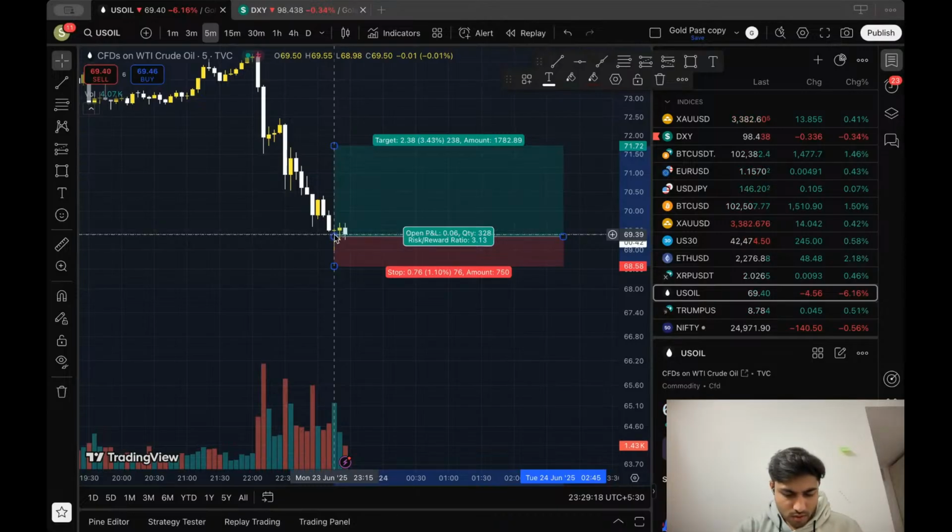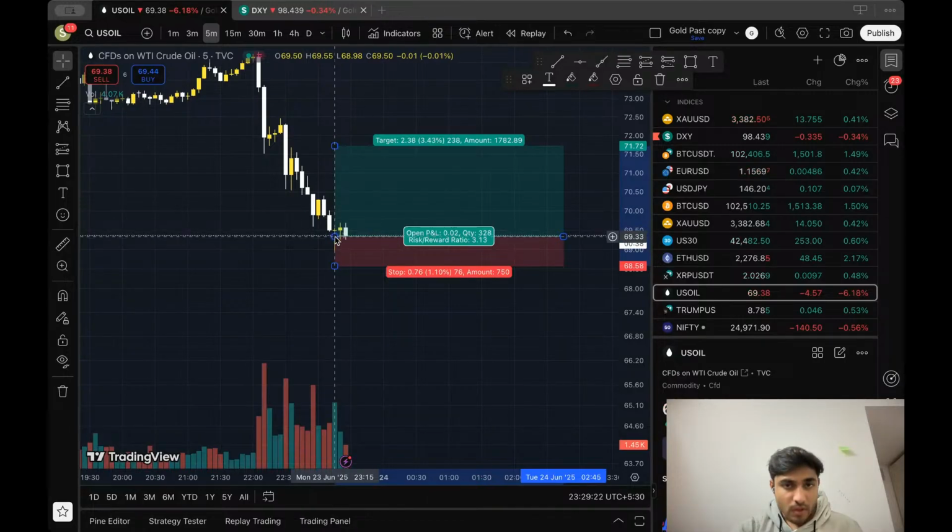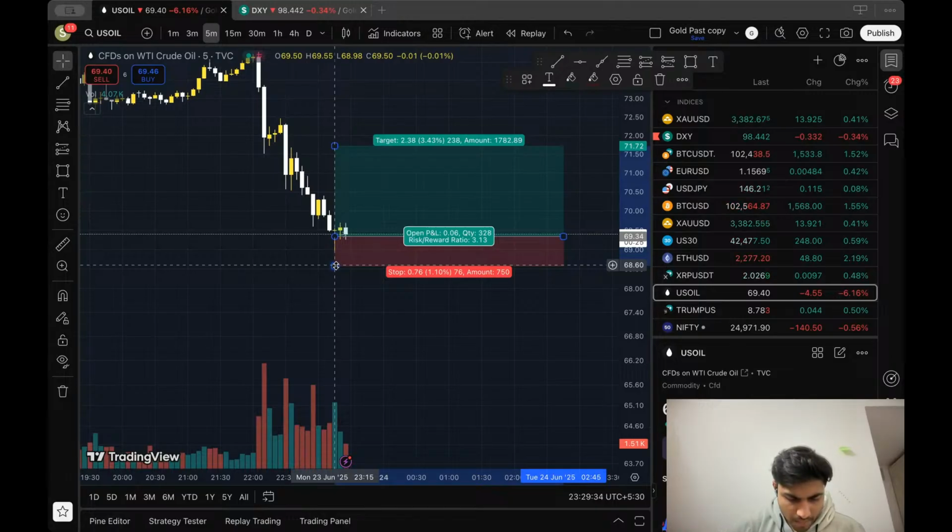How much is one lot? Let's have a stop loss. Oh, one lot is a lot. One lot is a lot. I think one lot is a lot of money, right?